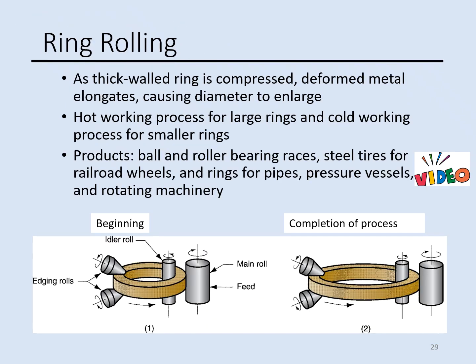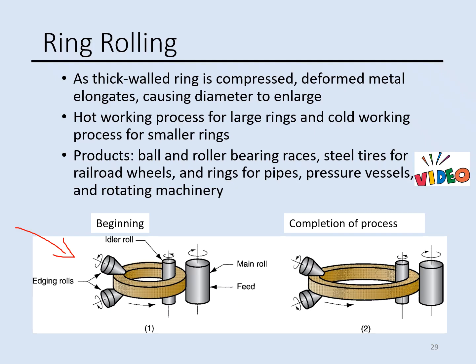Here we have ring rolling process as shown in this picture, and this is one type of deformation process where a thick wall ring of smaller diameter is going to be rolled into a thin walled ring with a larger diameter.